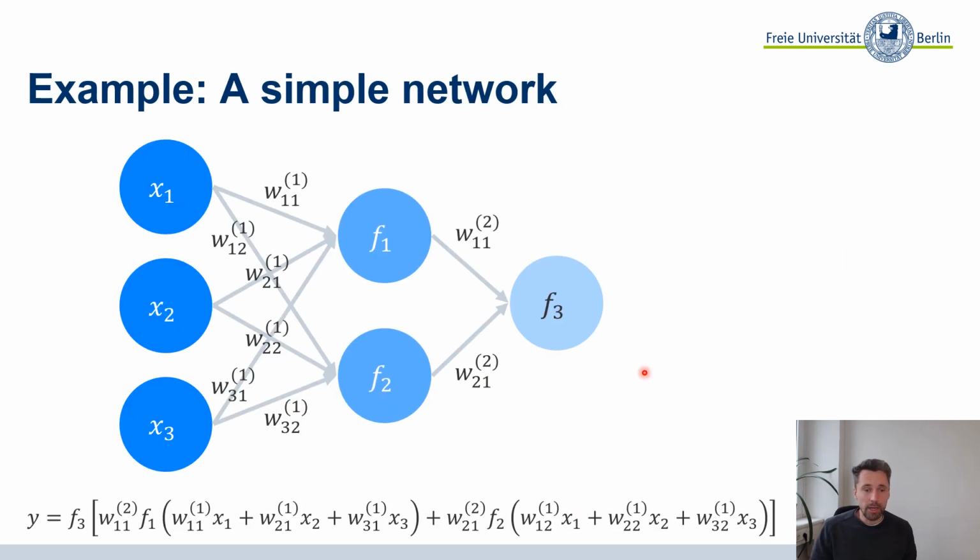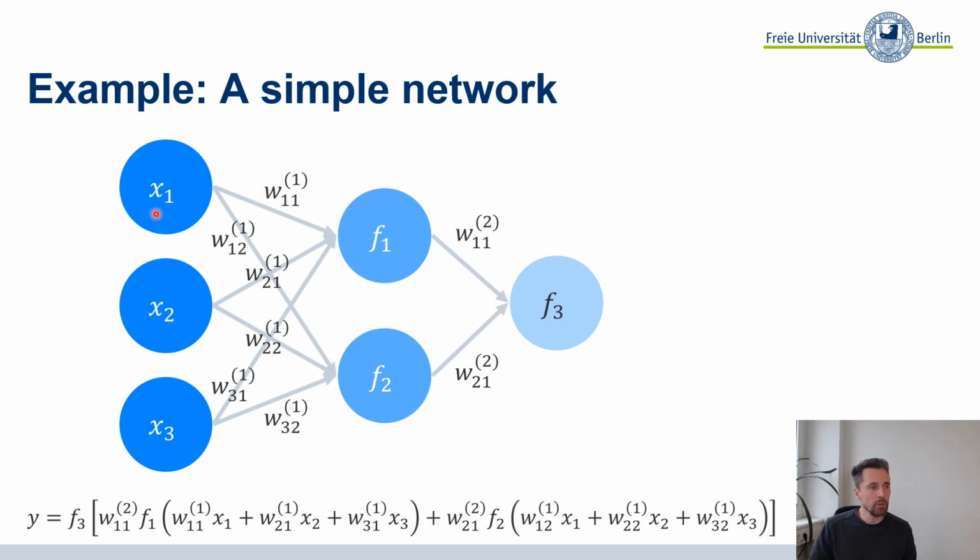So let's have a look at a simple example. We have 3 input nodes, 2 hidden nodes, and 1 output node. We have connection weights, W, and they have a superscript that denotes the layer. So the 1 in parentheses denotes the first weight layer, and the 2 in the superscript denotes the second weight layer.